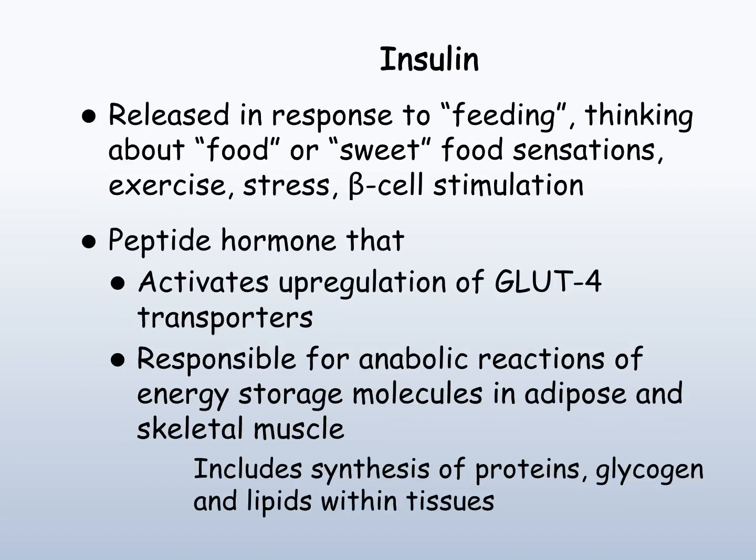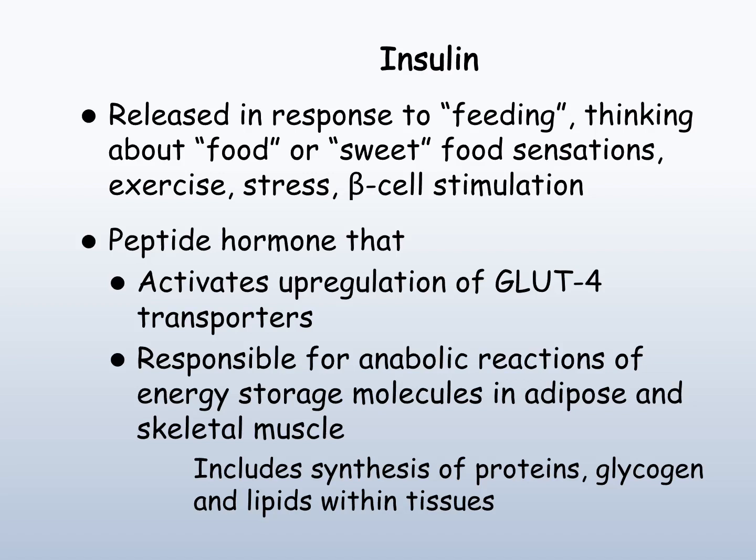Insulin is going to be released in response to feeding, thinking about food, any sweet sensation within the mouth, responses to exercise, stress, and beta cell stimulation off of a glucose-sensitive GLUT2 transporter. Insulin itself is a peptide hormone that's going to regulate GLUT4 transporters.